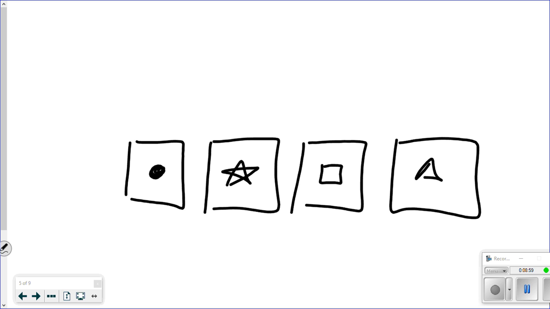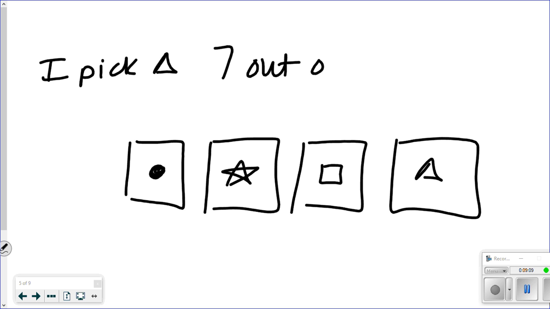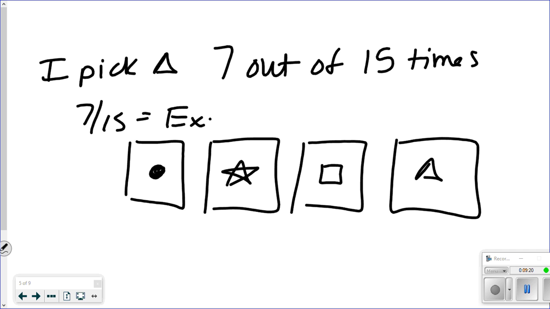Let's just say in my experiment, I picked the triangle 7 out of 15 times. So my experimental probability was what, Matthew? Okay, that's in my experiment. In theory, what should happen? 1 out of 4.